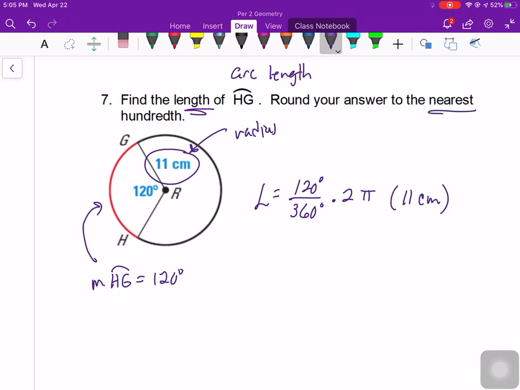This one tells us to round. We're rounding to the nearest hundredth. So we'll put the entire thing into our calculator. And the arc length to the nearest hundredth comes out to be 23.04, and the units are centimeters. Sometimes they'll ask you for arc length in terms of pi. Sometimes they'll ask you to round it. So you have to pay very close attention to that.